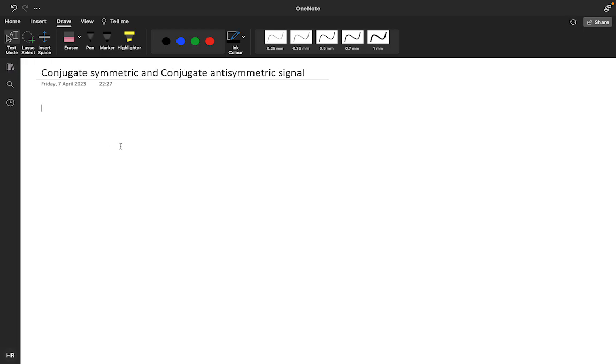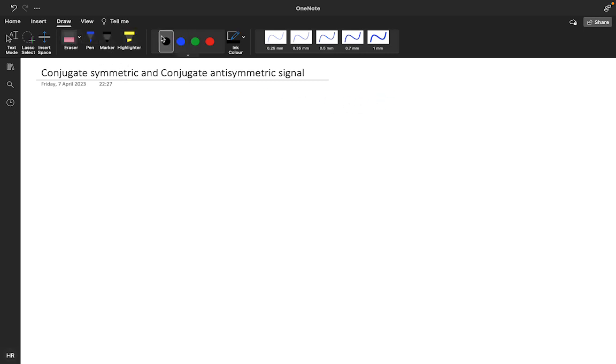Okay. What is the meaning of a conjugate? Conjugate terms come in which part? In the imaginary part. So we change the sign of the imaginary part, right?